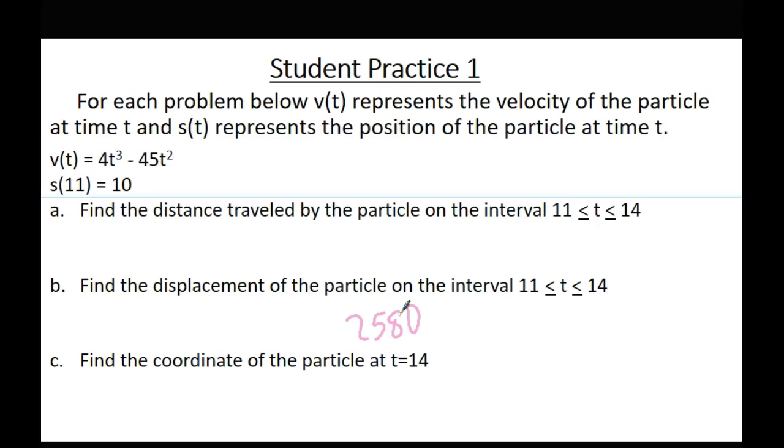If we're thinking of the x-axis, we'll say to the right. If I started at 10 and then I moved 2,580 spaces to the right, that's going to put me at 2,590. Now, the more complicated way, but it's valuable, is to know that your final position is equal to your starting position plus your net change.